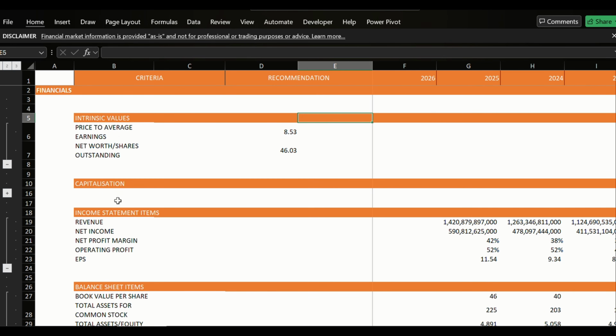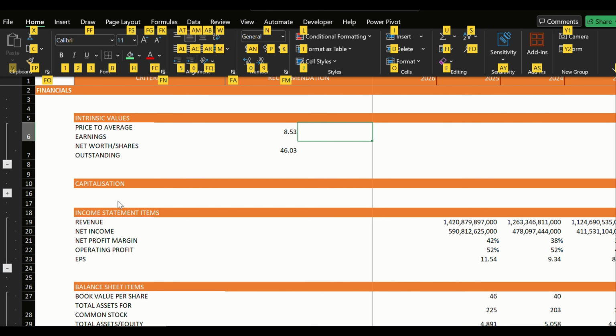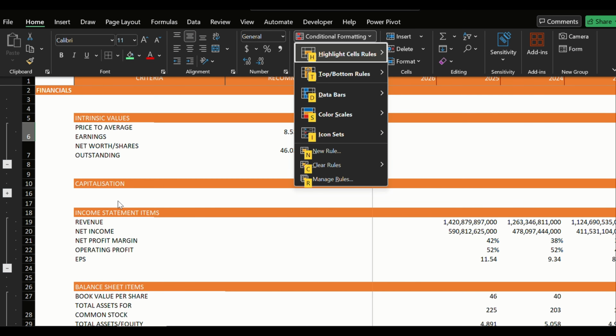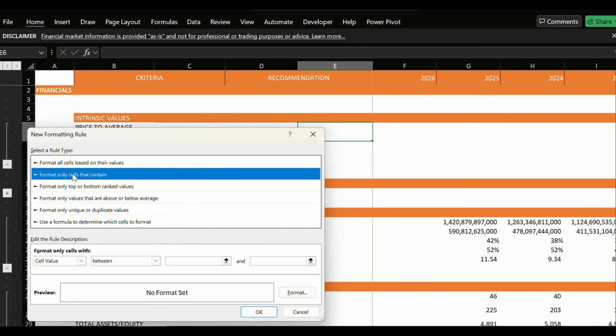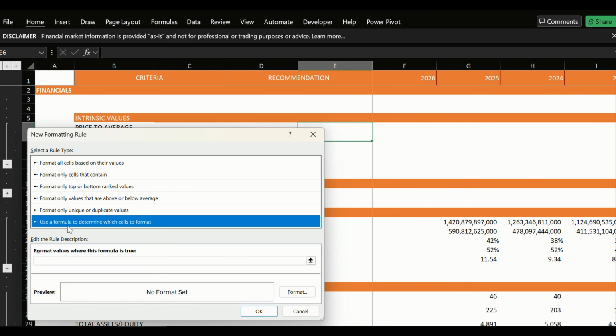I'll make a recommendation. It usually is as simple as creating a conditional format. Go to new rule. Start formatting. I can go to format. It's a formula to determine it.